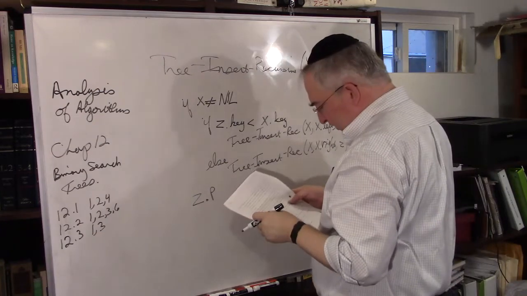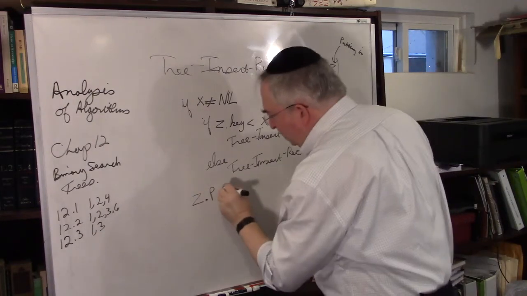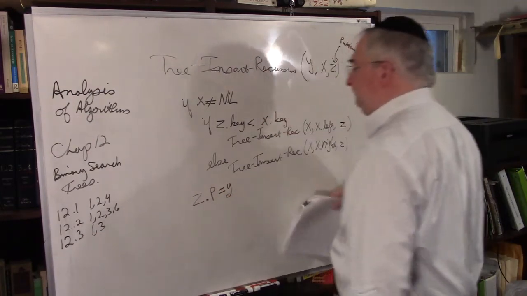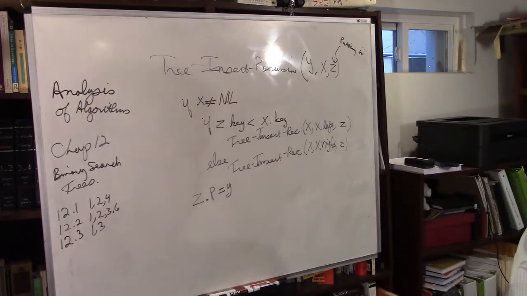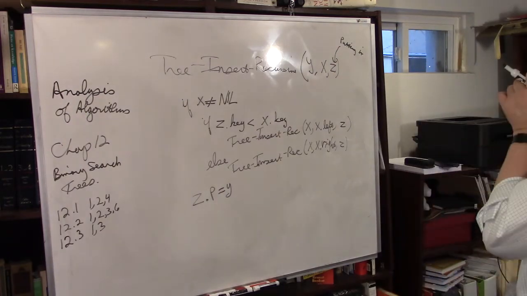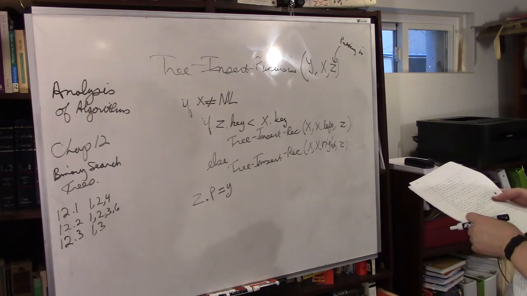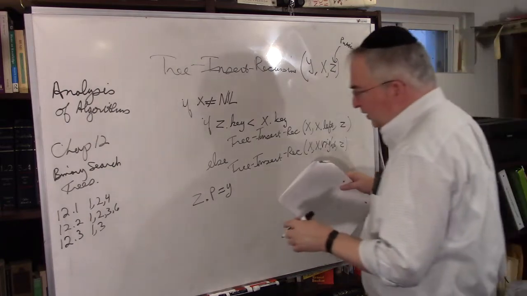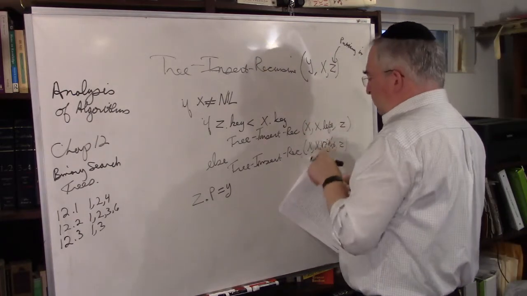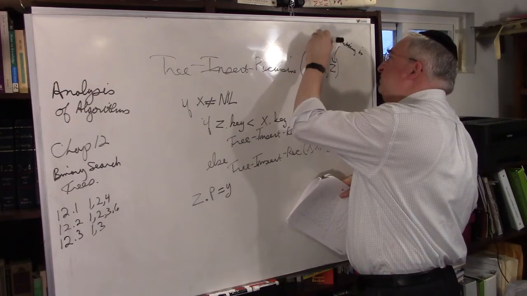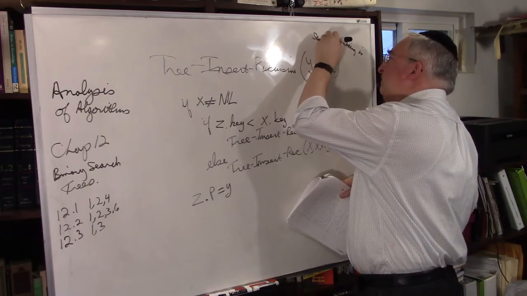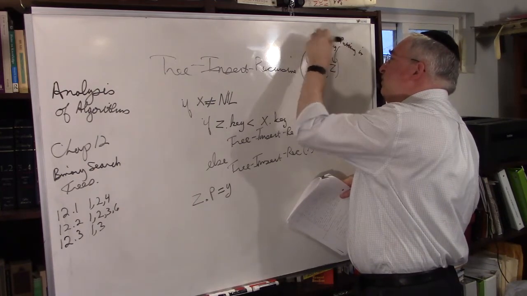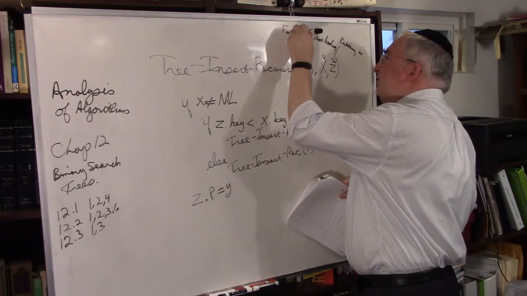Z dot p is equal to y. Now, we have to worry. So here's where we start looking. Father of x.